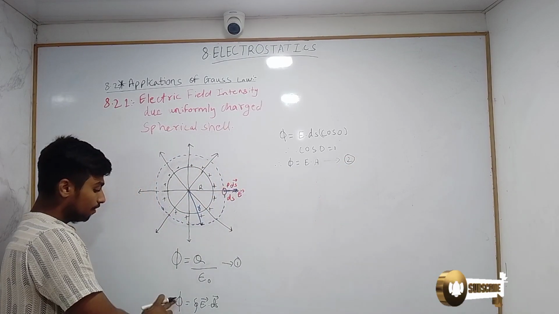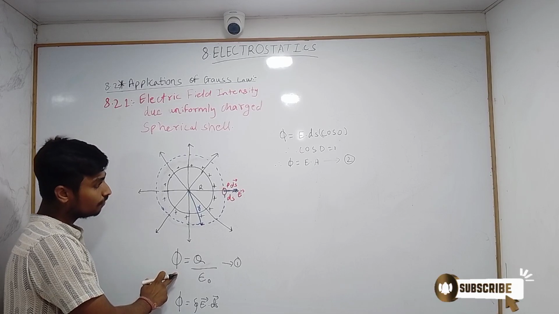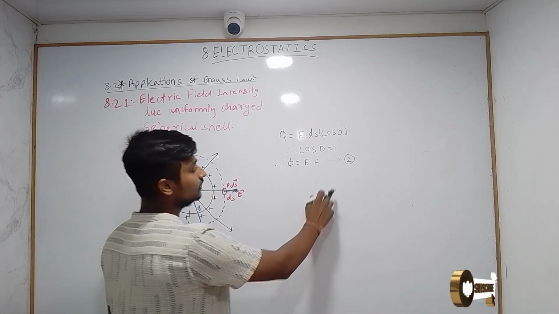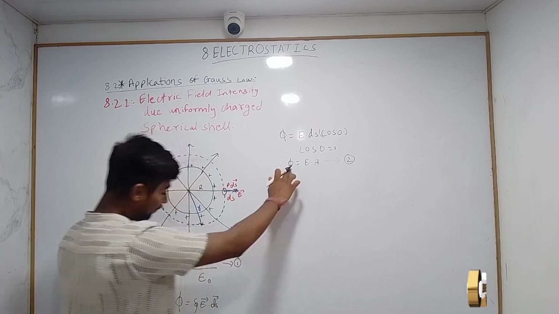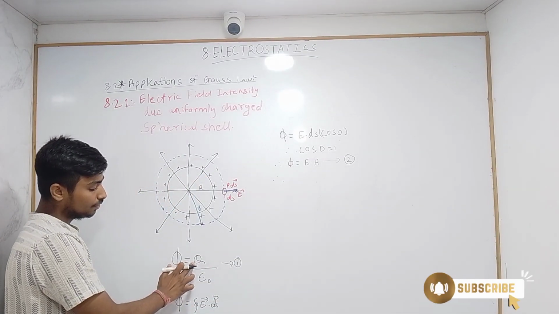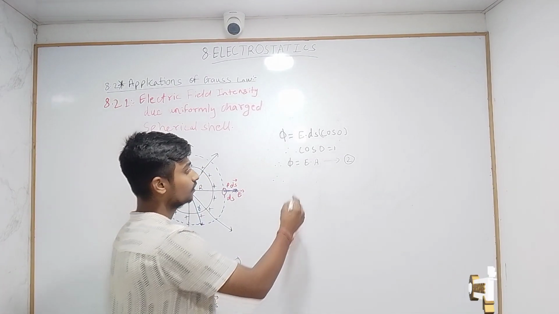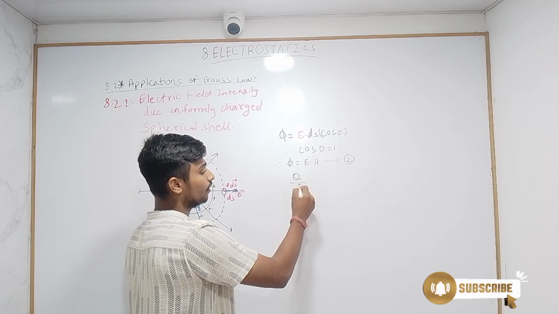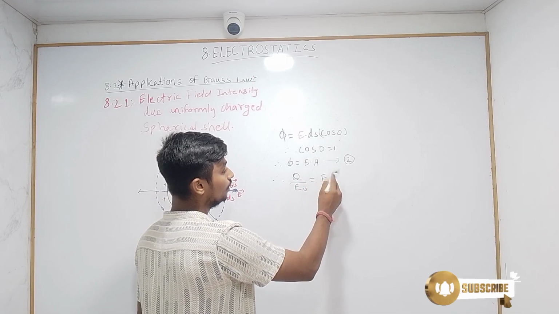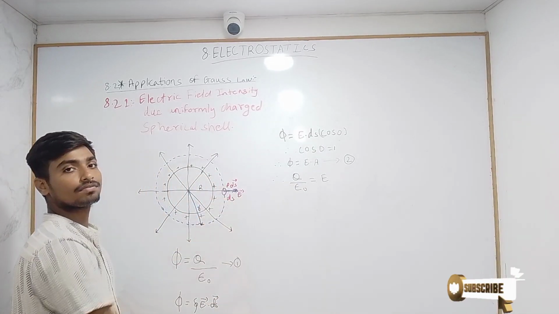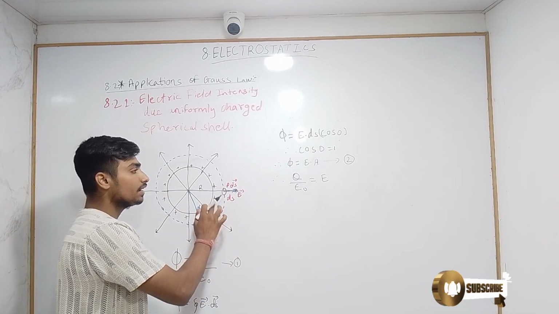Now we will be substituting the value of equation number 1 in equation number 2. So we will be getting electric flux is nothing but Q upon epsilon naught. So Q upon epsilon naught is equal to E into area of sphere.